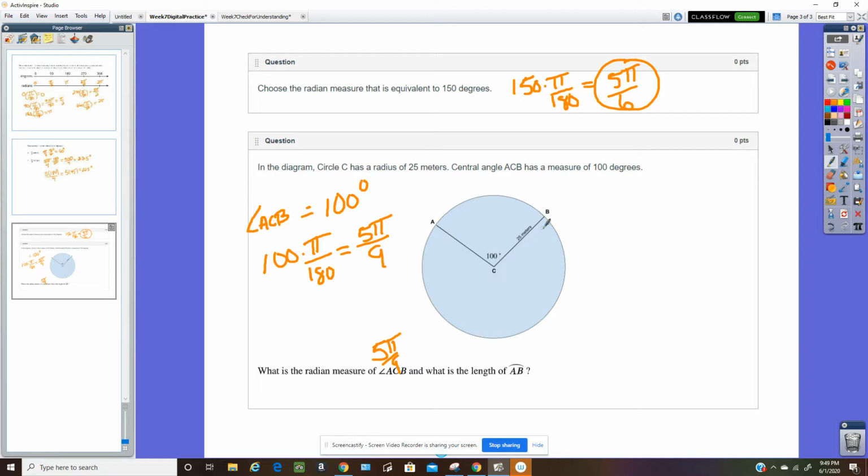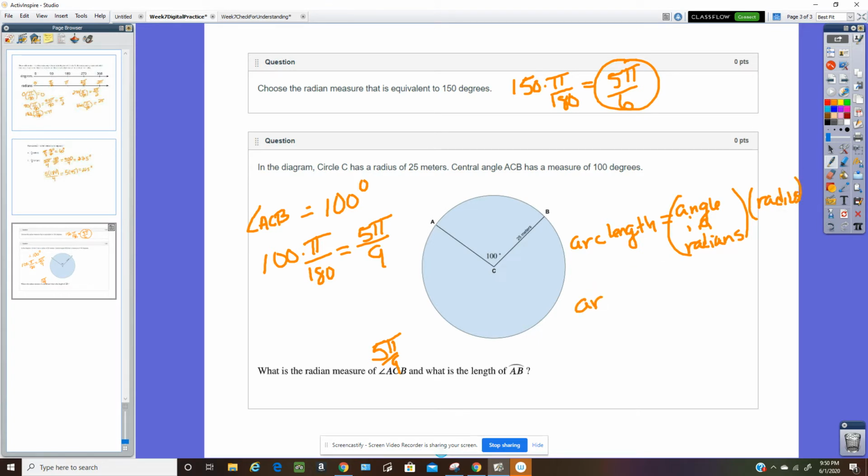And then the length of this, there's a formula that says that arc length equals the radian measure times the radius. So angle in radians times radius.